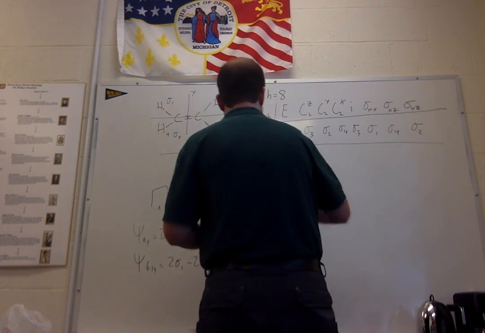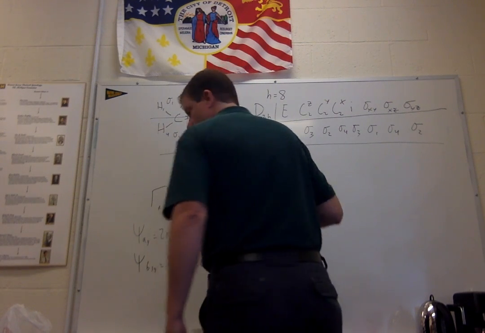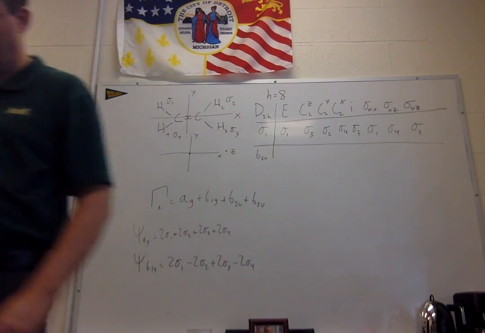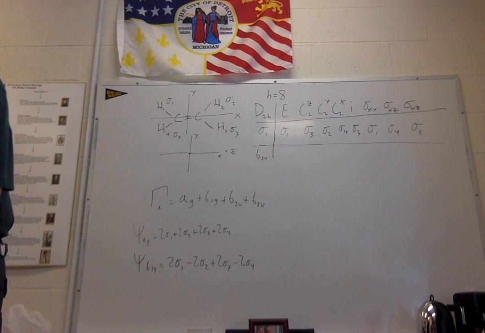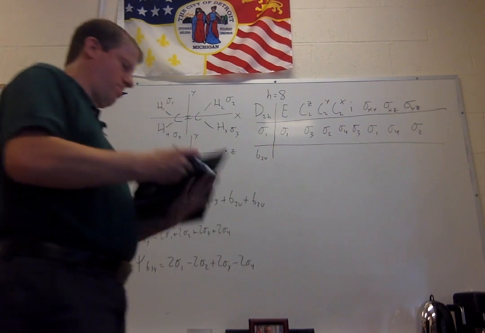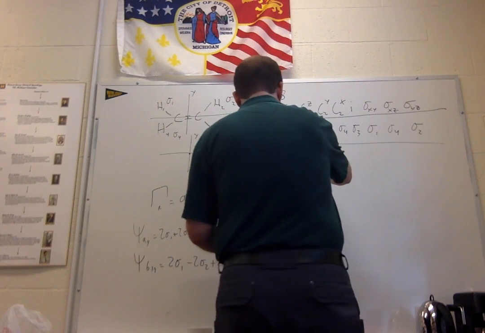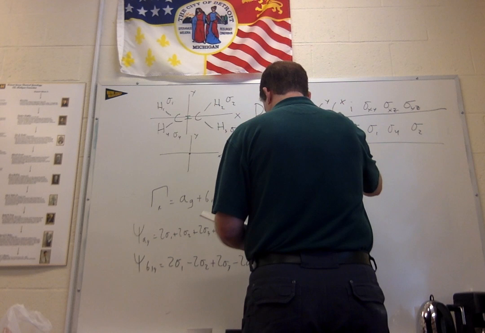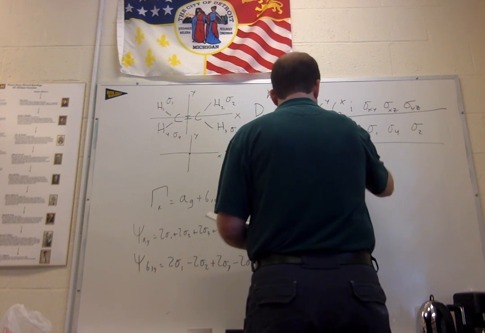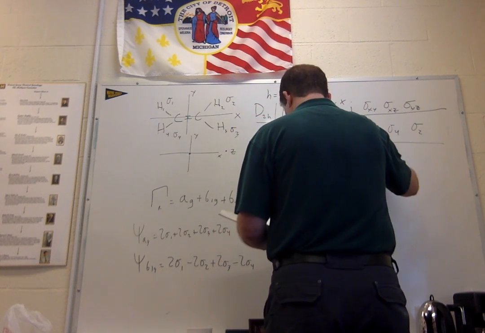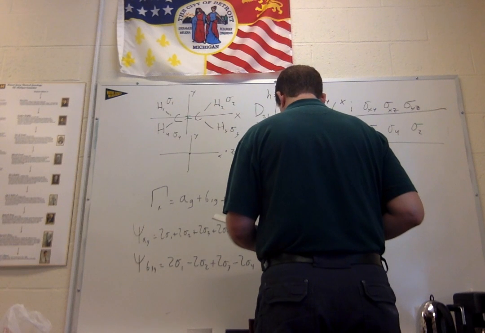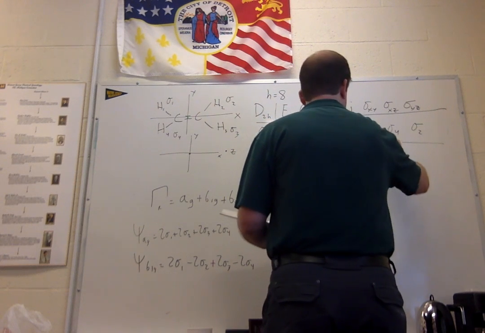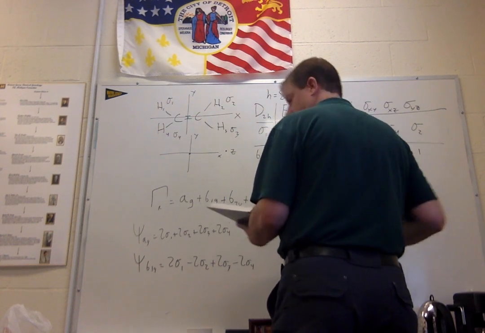Next, we're going to do B2U, which is one minus one, one minus one minus one, one minus one, one.